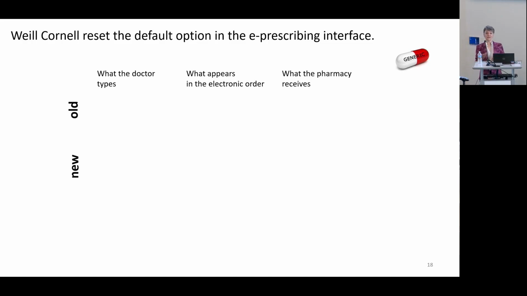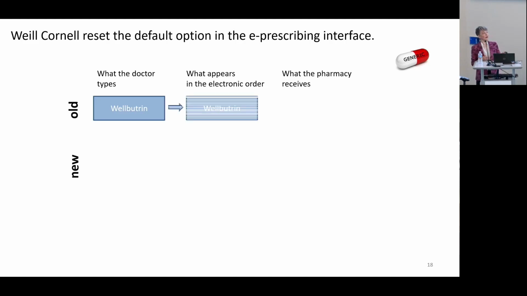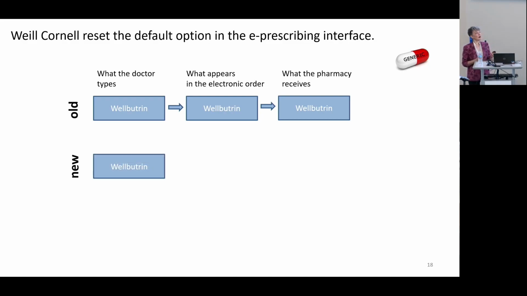In the classic system, what you type is what you get. So in the old system, the doctor types or selects the brand name from the pick list. That's what shows in the electronic prescription, and that's what goes to the pharmacy, and that's the end of the story. In this redesign, they leveraged the power of the default here.